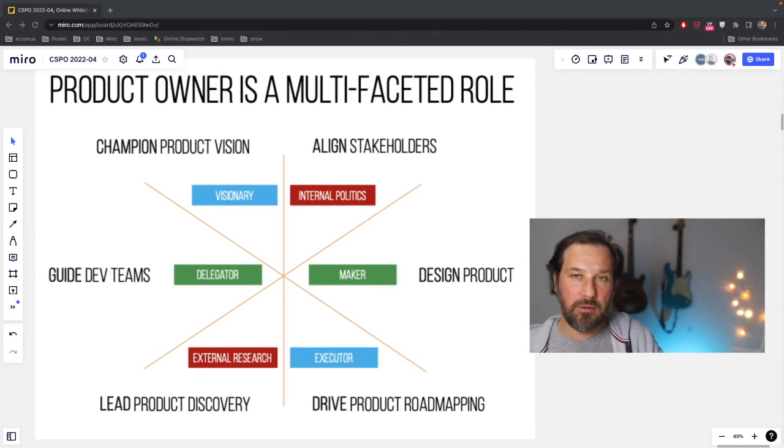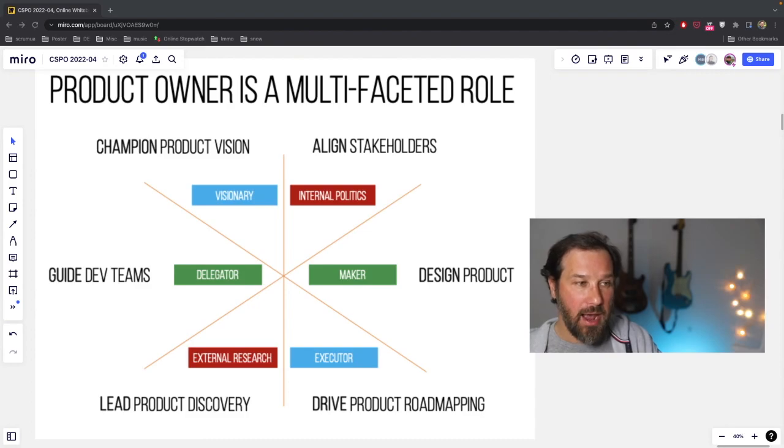So as you can see in the model, these six sectors very much describe the 360 view of the multifaceted role of the product owner. Maybe you can think of some skills which are also required to do the work of the product owner. I'd be very happy to learn from you and try to put some more pairs of skills on the model. But for the product owners I've been working with, these six are already quite okay to have.